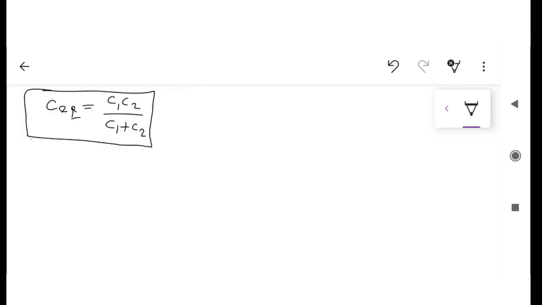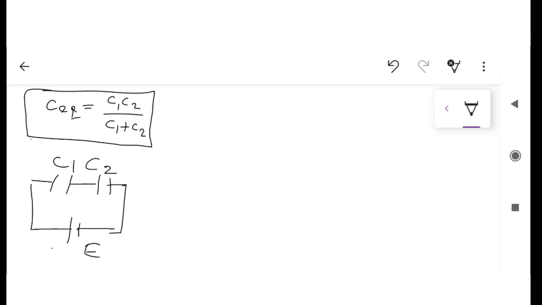The next important thing is the behavior of the charges when capacitors are connected in series. Here two capacitors are connected with the battery. This one is C1, this one is C2.